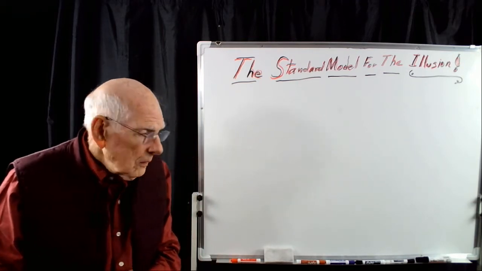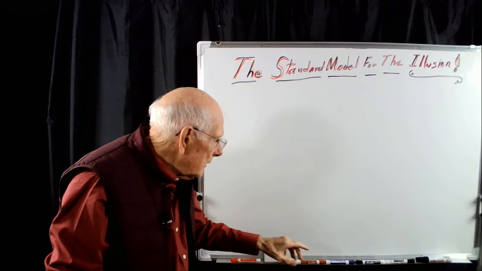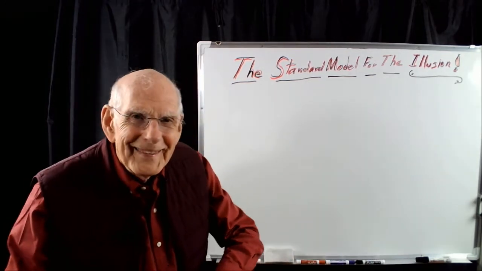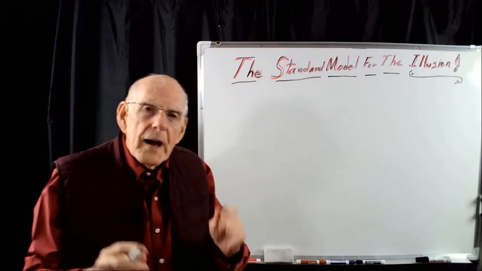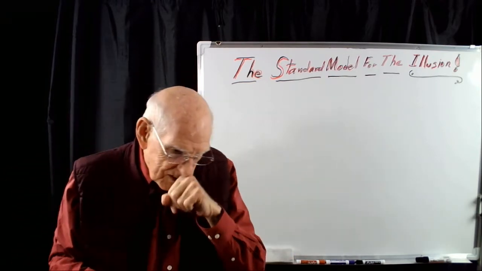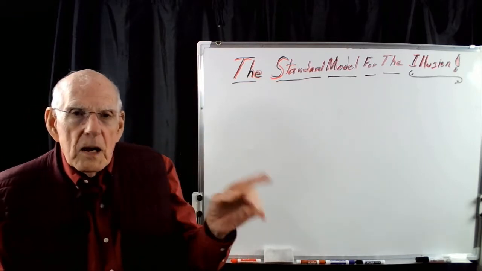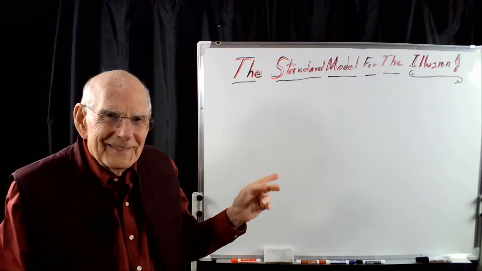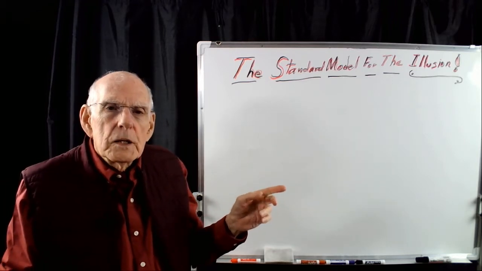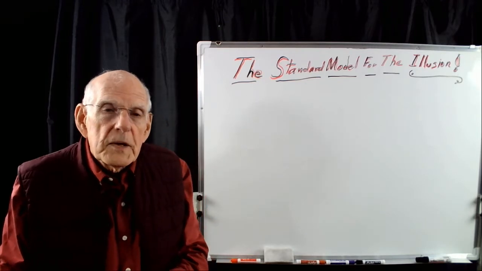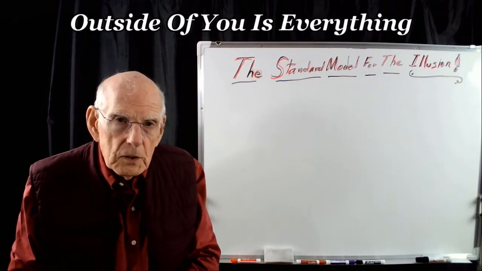So in the model, we have always drawn, or I have always drawn, the outside and the inside. Now, the strange thing about that model, the outside, as we went through in other videos, the outside is everything.